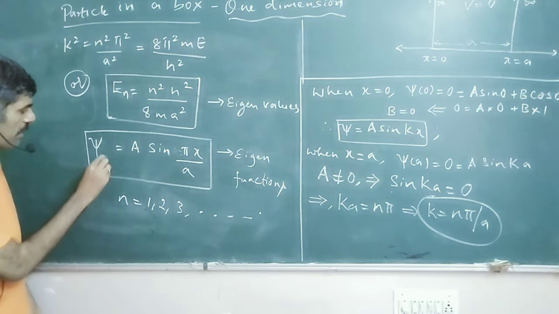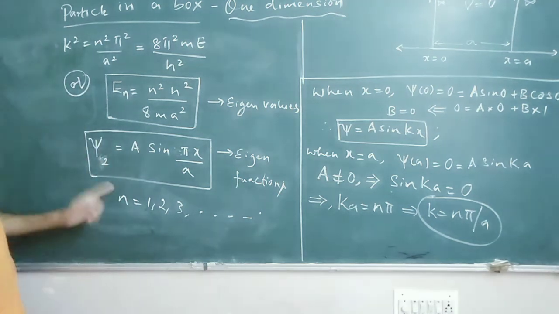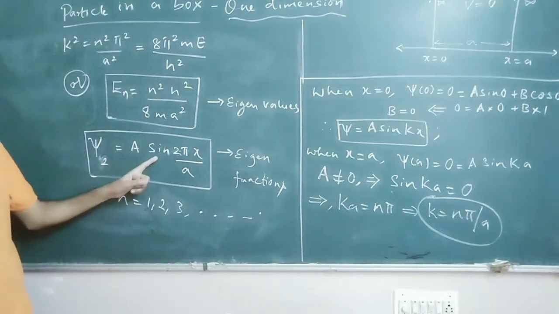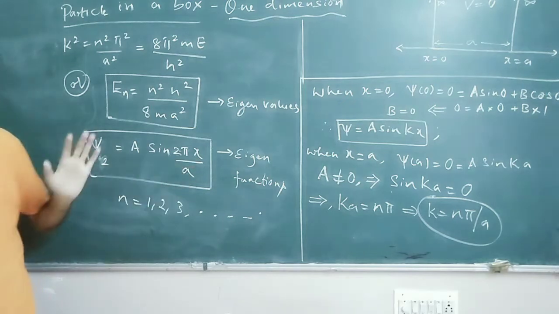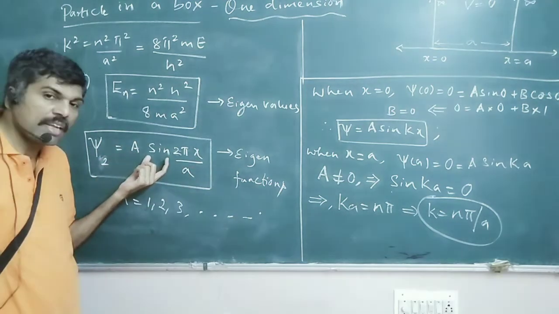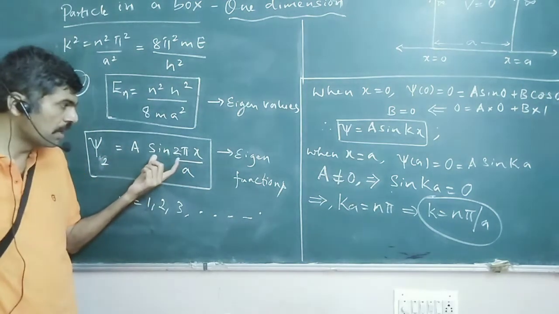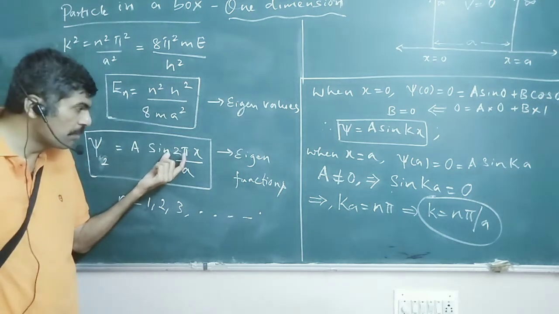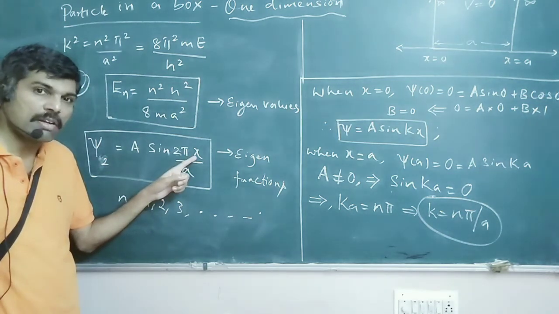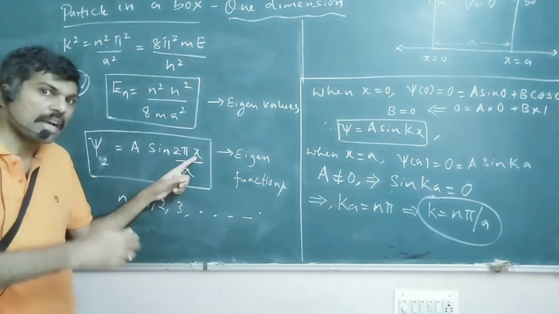Suppose you want to evaluate what is psi 2. What is psi 2? It is a sin 2 pi x by a. Again, a sine wave is obtained, but of different wavelength. So you will be putting different values of x. You will be getting another wave function.